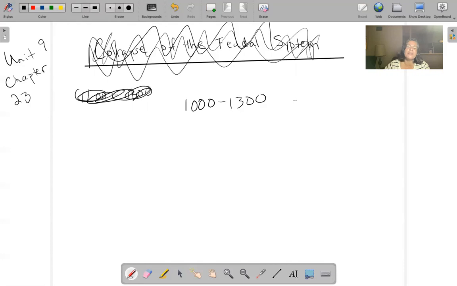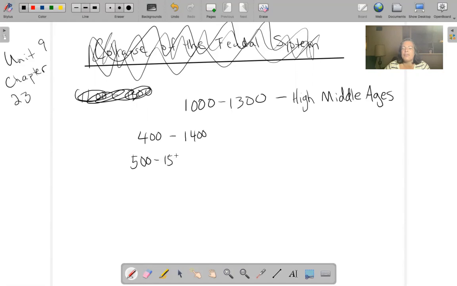These years are called the High Middle Ages. Why is that? Well, because the Middle Ages are approximately the year 400 through 1400. Some people say 500 through 1500, but we're using approximations.